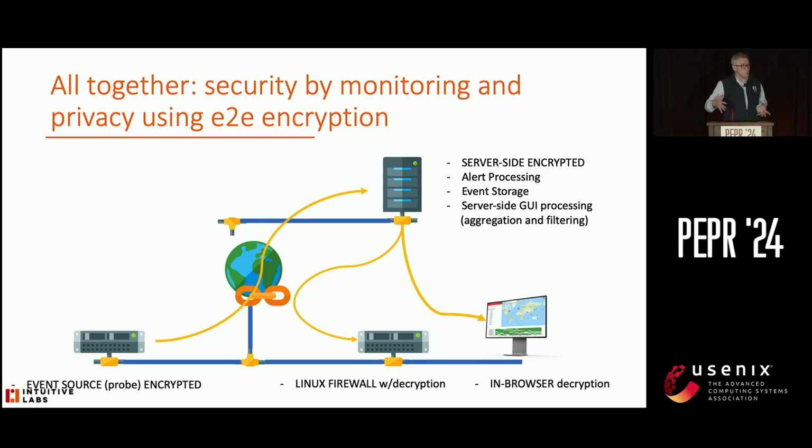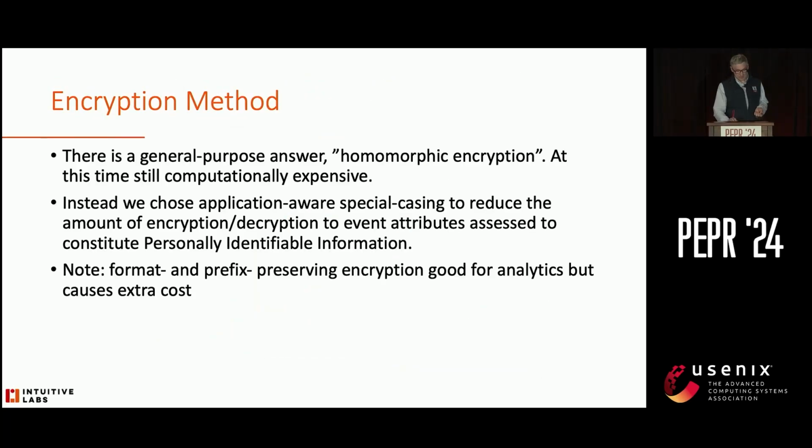And still, we wish to do analytics, and that's the tricky part. Once we have done some analytics, and I'll get a little bit closer to how we do that, we publish the results to firewalls or to a browser, where the data can be decrypted if needed, and if someone is in possession of the proper credentials.